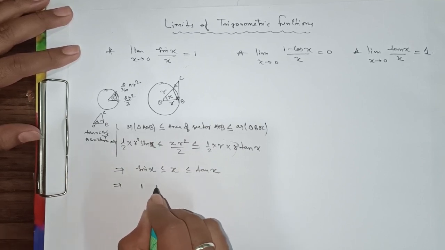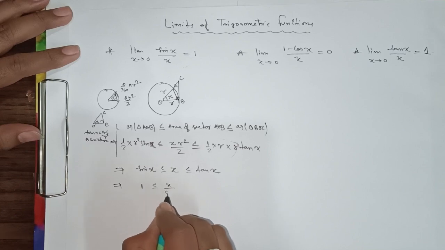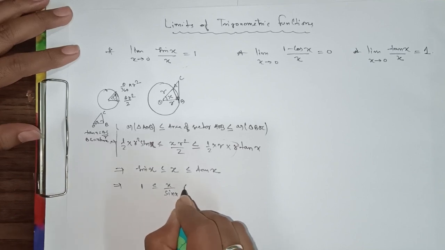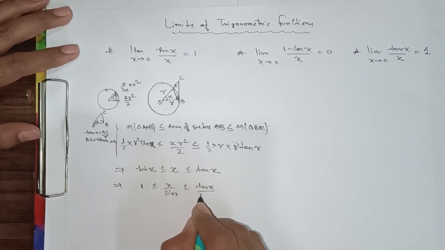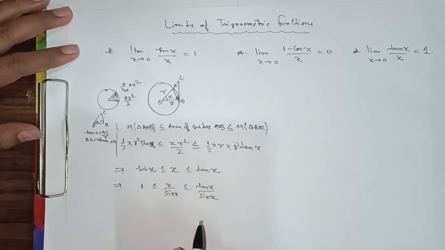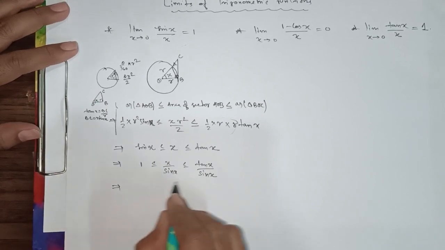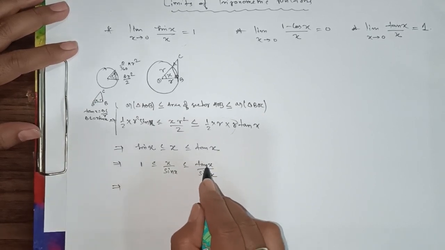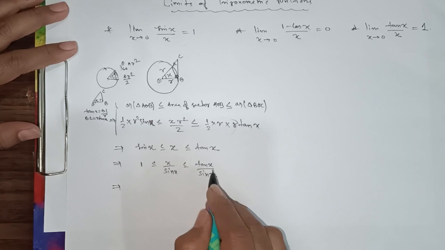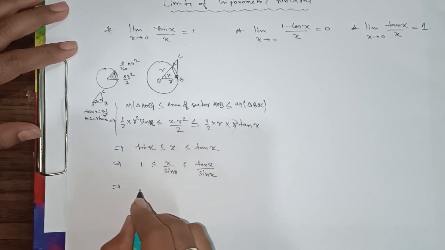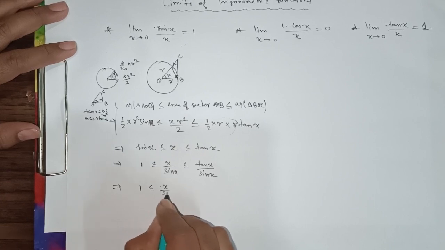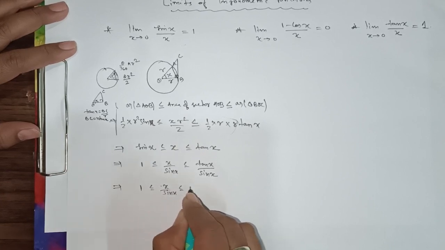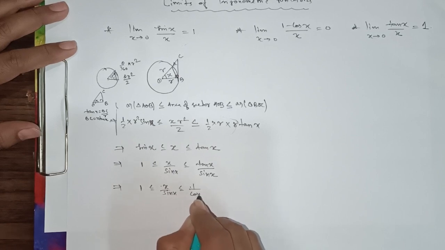So we'll get 1, x by sine x, and tan x by sine x. Now tan x can be written as sin x by cos x, sin x cancels, we get 1 by cos x. So 1 is less than or equal to x by sin x, less than or equal to 1 by cos x.